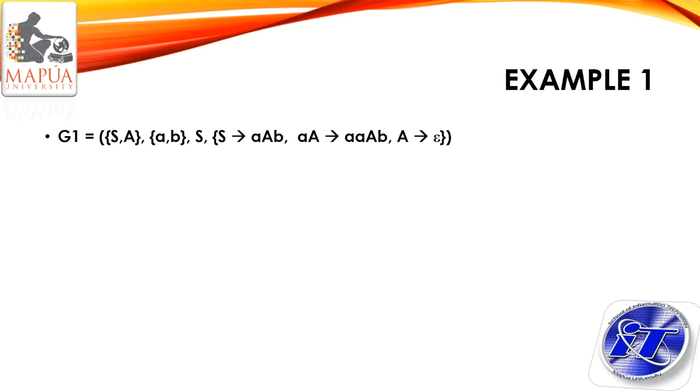Let's start with the start symbol, S. On the first rule, capital S yields a string that contains a, capital A, and small b. Based on the second rule, small a, capital A could be replaced by two small a's, capital A, and b.